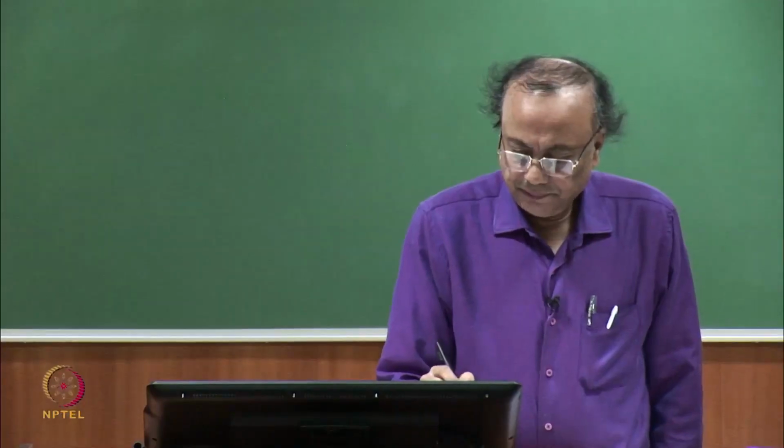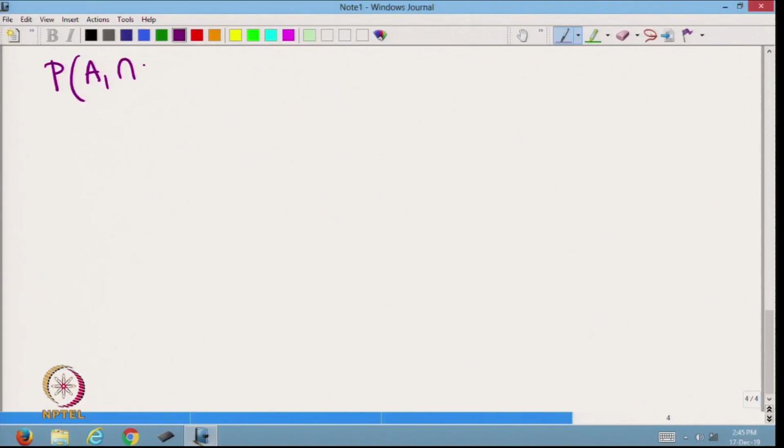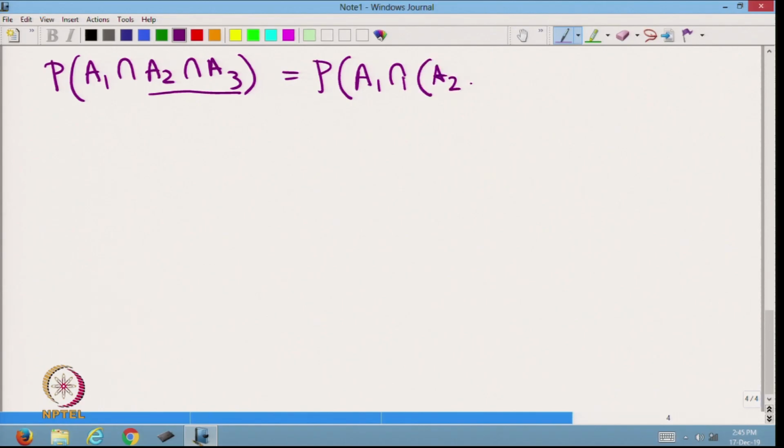So, probability A1 intersection A2 intersection A3 is equal to, we are now considering it to be intersection of two events. First event is A1, second event is A2 intersection A3. Therefore, we can write it as probability A1 intersected with A2 intersection A3.